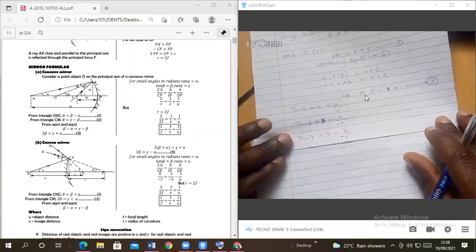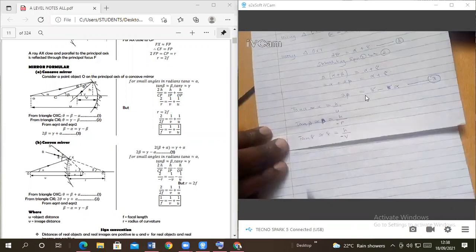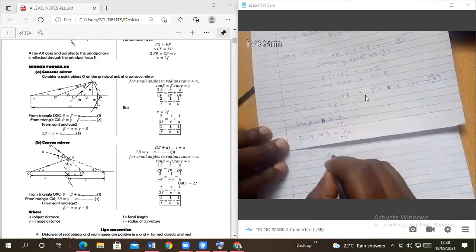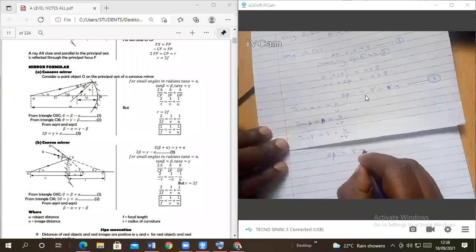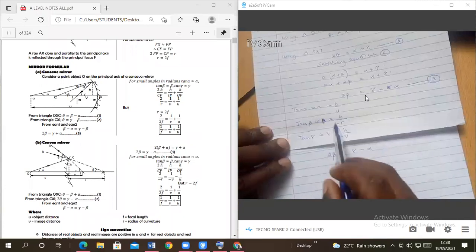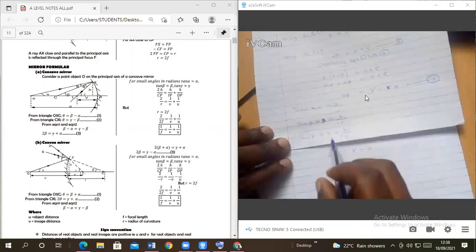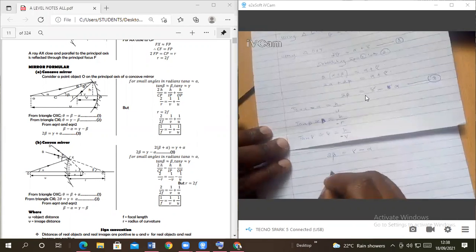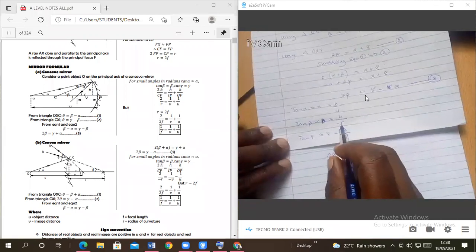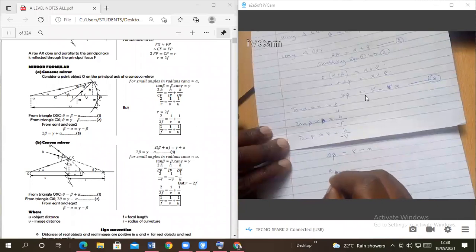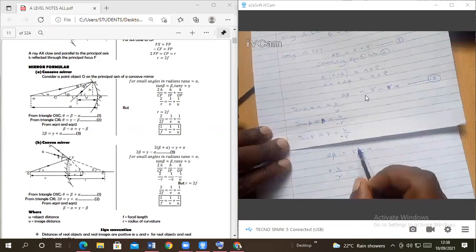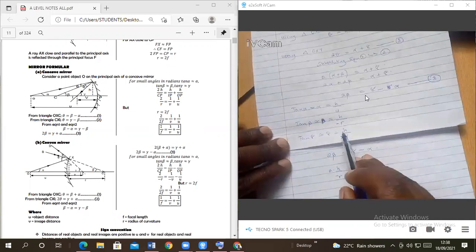No, practice it. So we shall substitute in this equation 2 beta equals gamma minus alpha. Where there is beta, I'm going to put h over negative r. So I have 2 times h over negative r equals, okay, where there is gamma, I'm putting h over negative v.